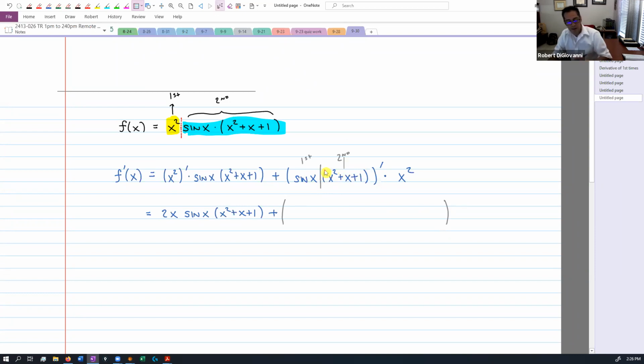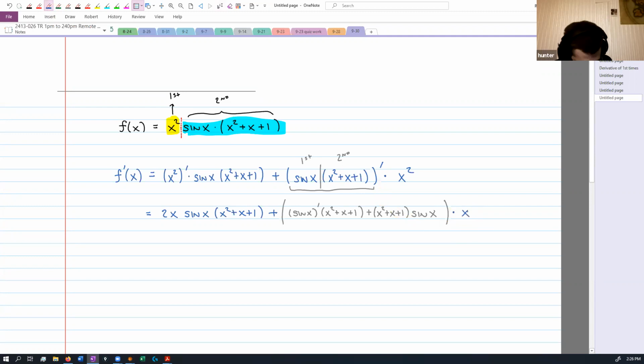Do you see that? It's like a new product rule. I've got to do the derivative of the first one times the second plus the derivative of the second one times the first one. Everything I've done there is just this piece. What do I still have slapped onto the outside of this? Times x squared, right? That's this piece.